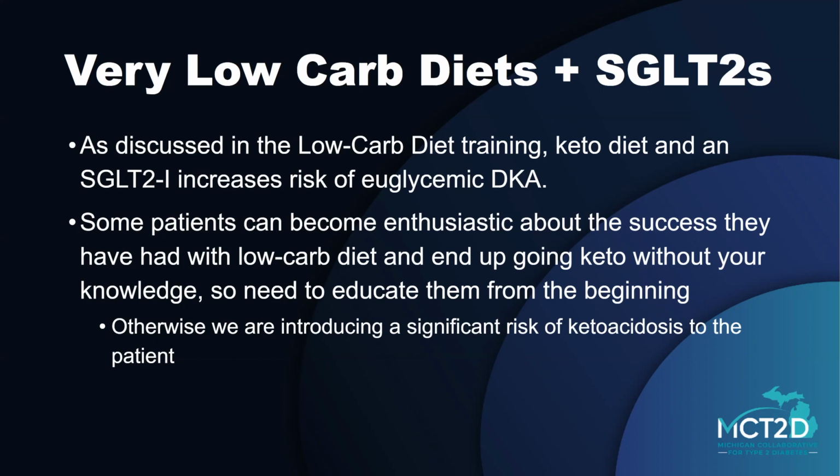Those people who are on keto, a very low carbohydrate diet, 20 grams of carbohydrates a day or less, who are also on an SGLT2 inhibitor have an increased risk of euglycemic DKA, diabetic ketoacidosis. What that means is their sugar is not horribly high, but they're acidotic from ketones.